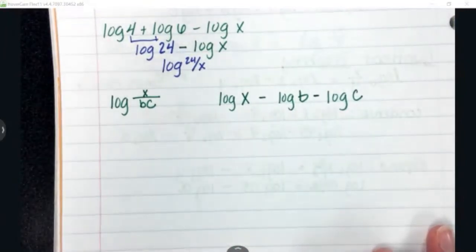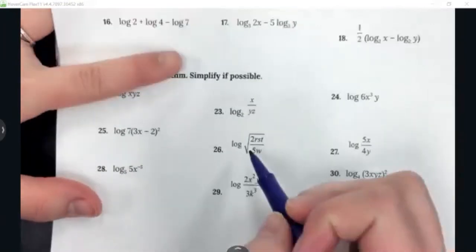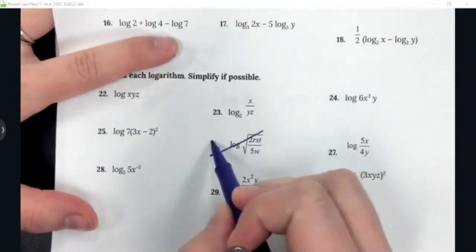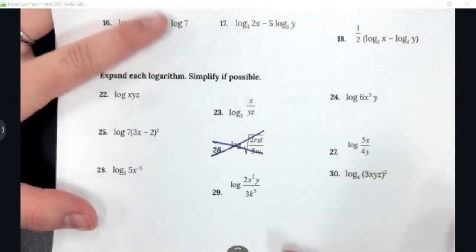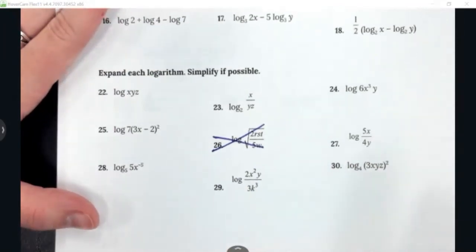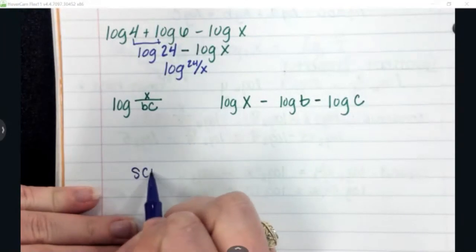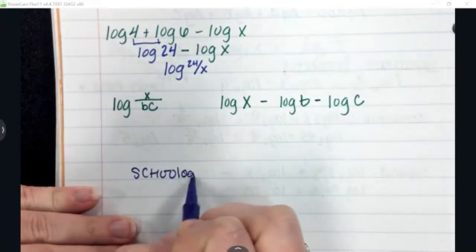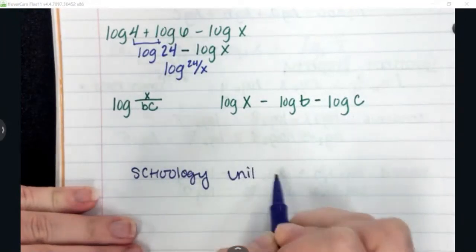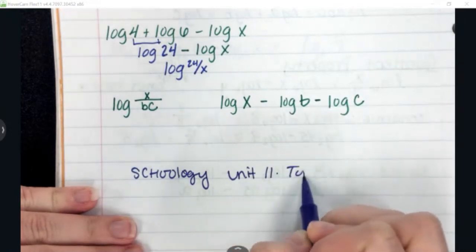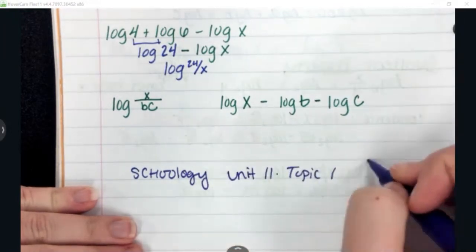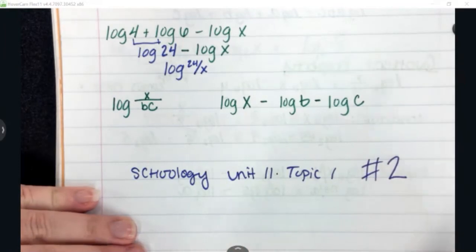At your table, you will see this paper. I need you to get as many done today as you can. You may cross out number 26. Do not write on my paper though, okay? If you are at home, you are on Schoology, Unit 11, Topic 1, and this is practice number 2.